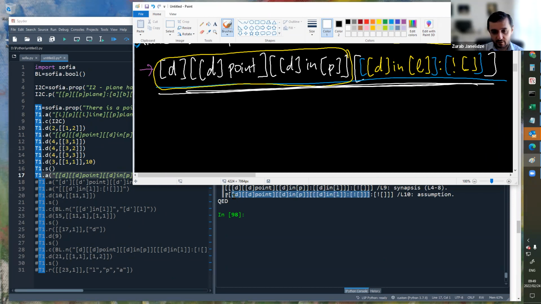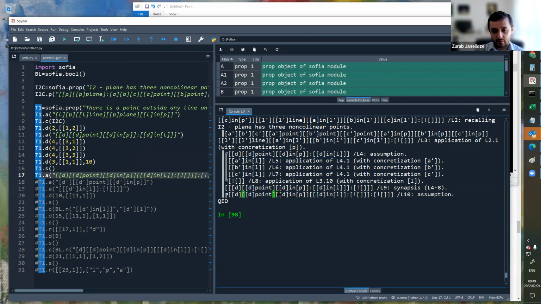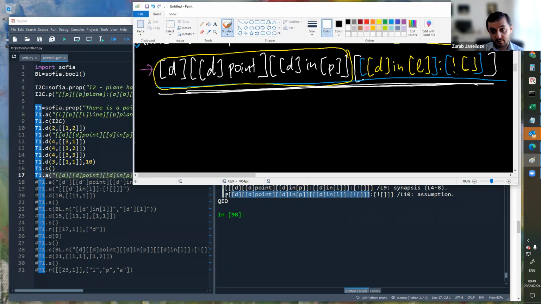That's exactly what we have here. Now the assumption says this thing is false. So we want to prove this, and we're going to assume it's false and get a contradiction, and hence conclude that it must have been correct. So this is again a proof by contradiction.